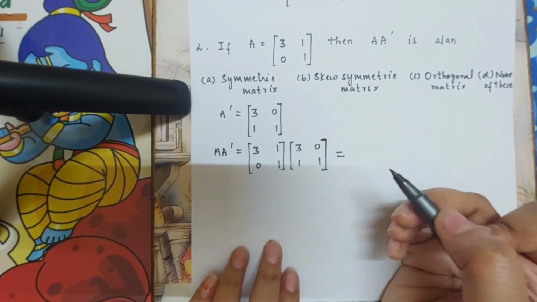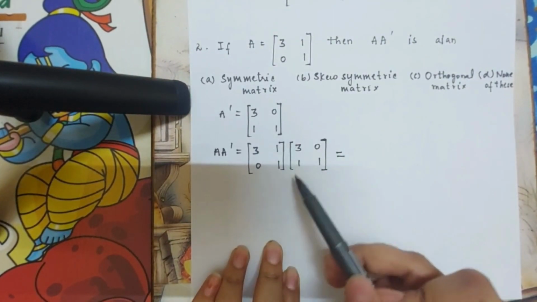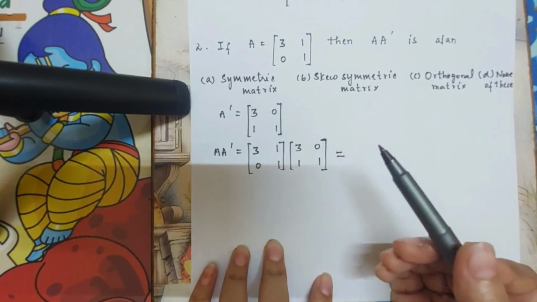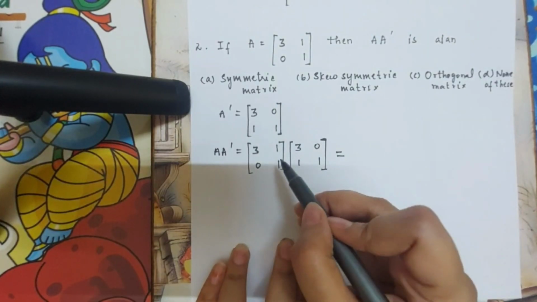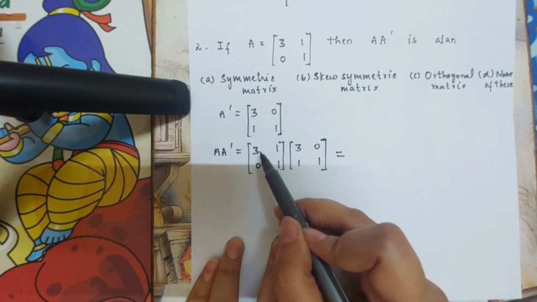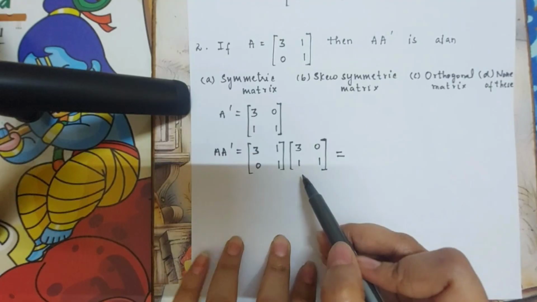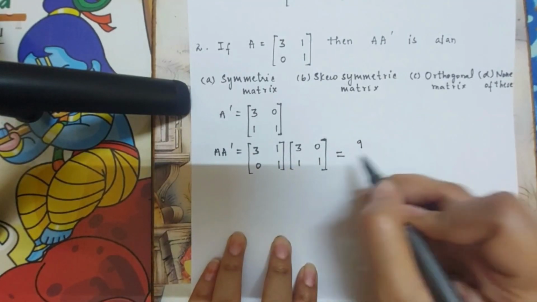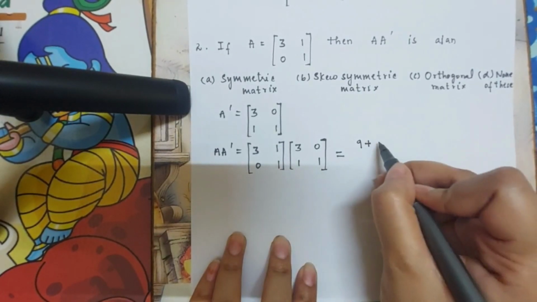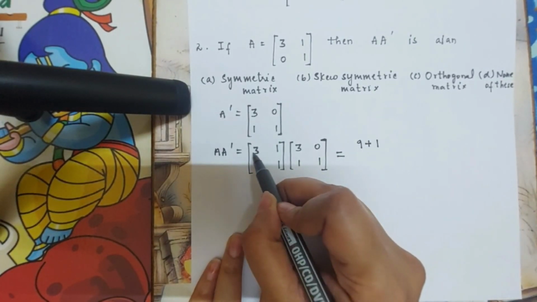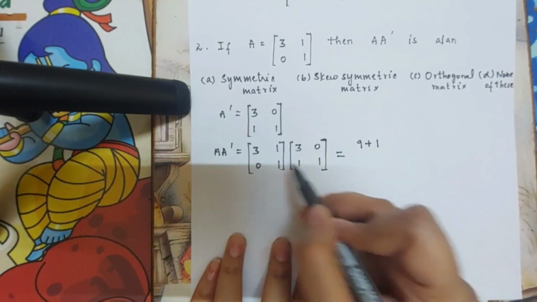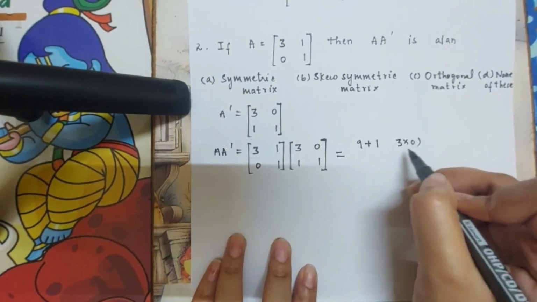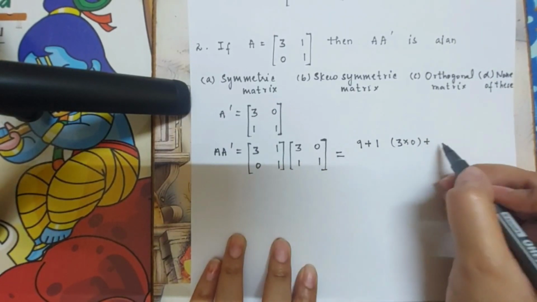So for multiplying two matrices, the number of columns of the first matrix should be equal to the number of rows of the second matrix. So here I'll be able to multiply this as, see, first we will be considering the first row and first column so that we get the first element. So 3 into 3, 9 plus 1 into 1 gives us 10. Then I'll be considering the first row and the second column. So that becomes 3 into 0 plus 1 into 1.